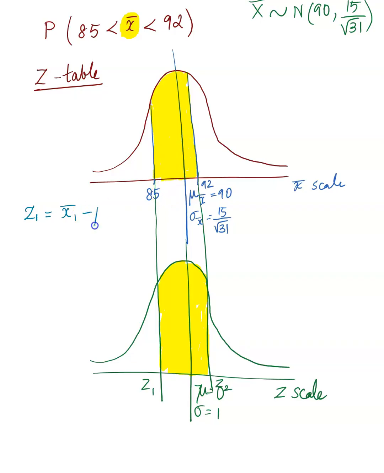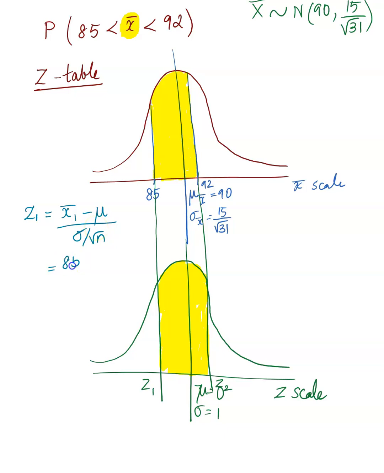So x1 bar minus mu over sigma over root n. That over root n is what makes the change from a regular normal distribution to a CLT situation. The CLT works only for sample means, for samples, and we just saw the example about a sample mean. So we have to use the CLT, which involves sigma over root n.